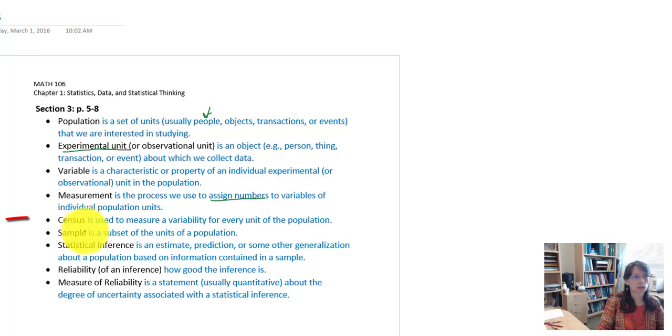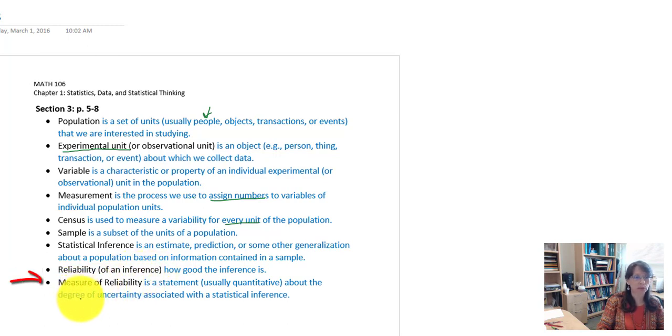A census is used to measure a variable for every unit of the population, while a sample is a subset of the units of a population. Statistical inference is an estimate, prediction, or some other generalization about a population based on information contained in a sample. We can measure reliability of our inference, and that tells us how good the inference is.